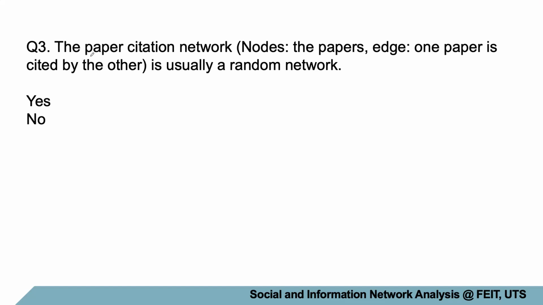For the paper citation network, where a node represents a paper and an edge means a paper is cited by other papers, is this a random network? Yes or no? Just half a minute, you can figure it out.